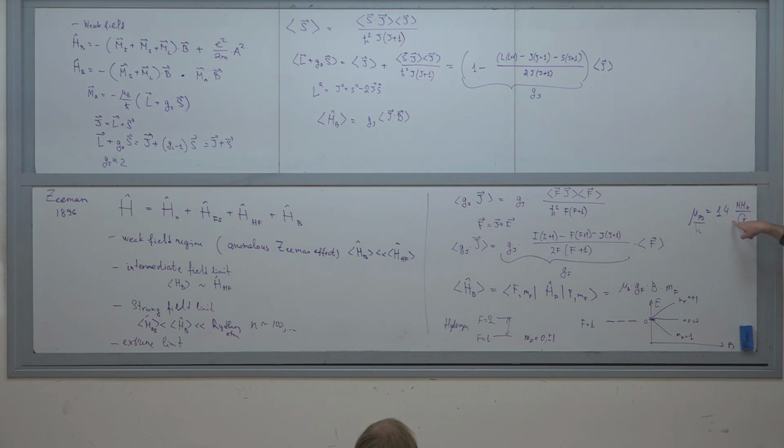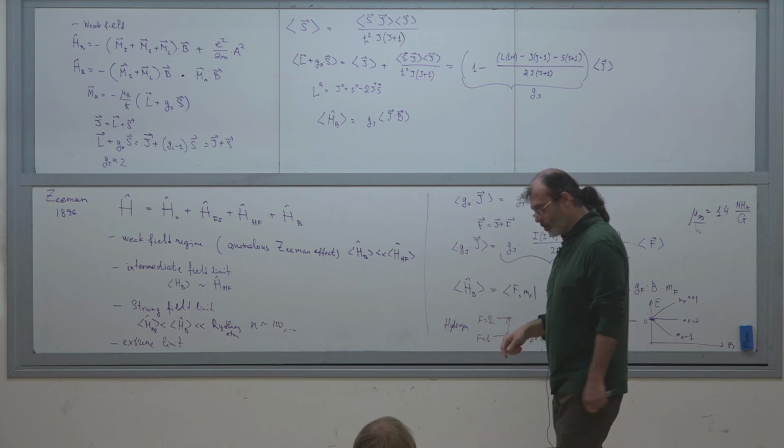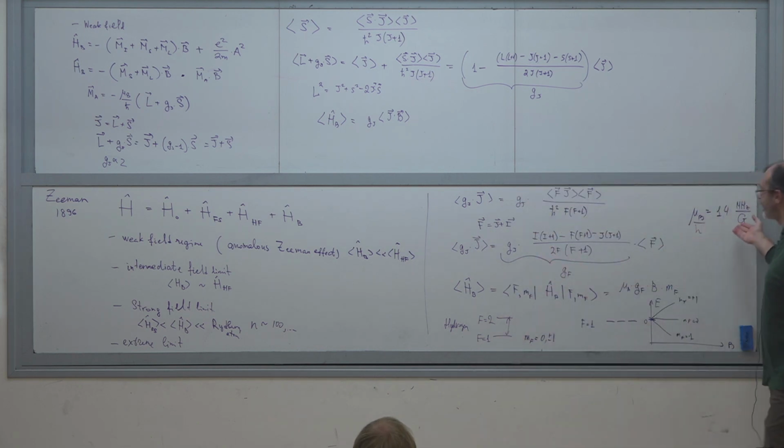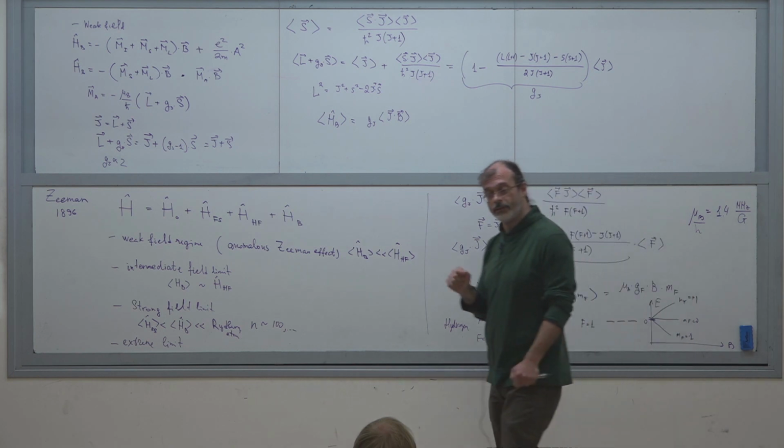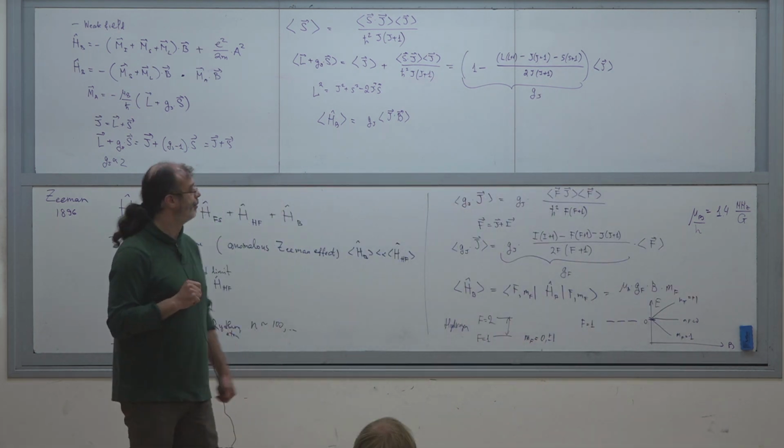So to get to gigahertz, I have to apply 1,000 Gauss. So it's not that huge a magnetic field. It's easily accessible in experiments. So this means that up to 1,000 Gauss, it will still be a weak field for the case of hyperfine splitting of the ground state of the hydrogen atom, if this is indeed 10 gigahertz, right?